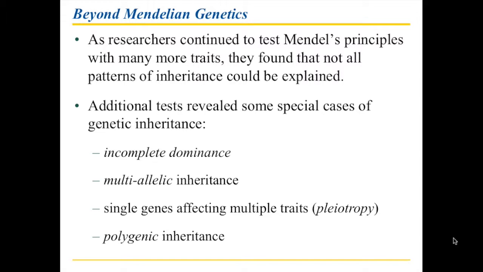And so these 4 are things people identified, and what we're going to do is go through each of them with some examples to make you understand better how ultimately Mendelian genetics still wins out, but we just sometimes have to understand what exactly the condition is.